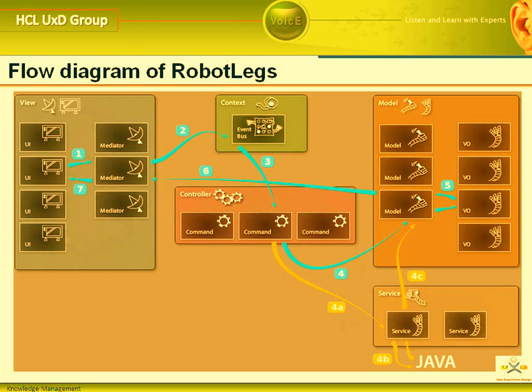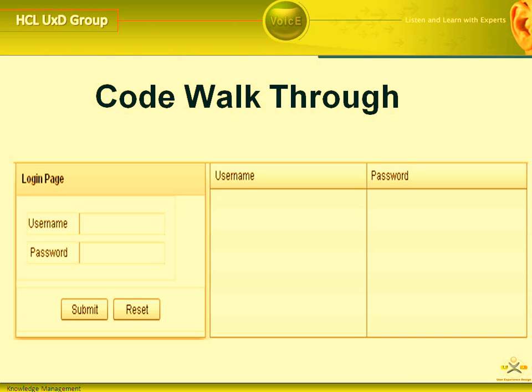Once it is done, step 5, from the model we update data in the view. Step 6, transfer the control from the model to the mediator again. Step 7, update the user interface with the help of the mediator. This is the complete flow of the RobotLegs framework. In total, there are 7 steps involved in it.